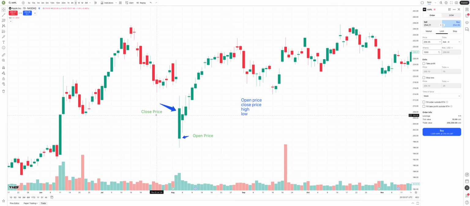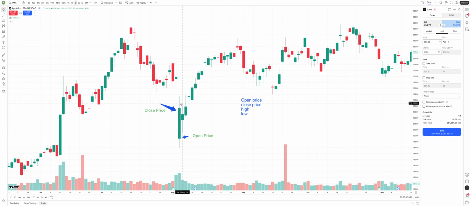In this particular case, for this chart, we are on the 1-day time frame. What that means is every candlestick represents one whole day from 9:30 a.m. Eastern till 4 p.m. Eastern. It shows what price opened at and what price closed at.